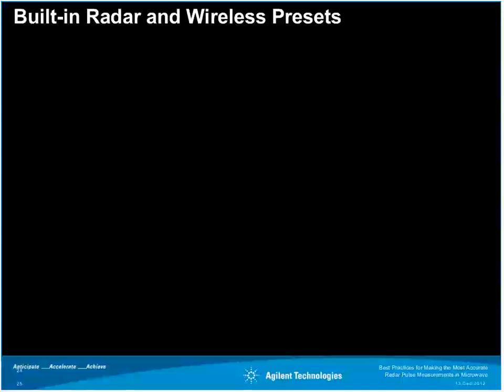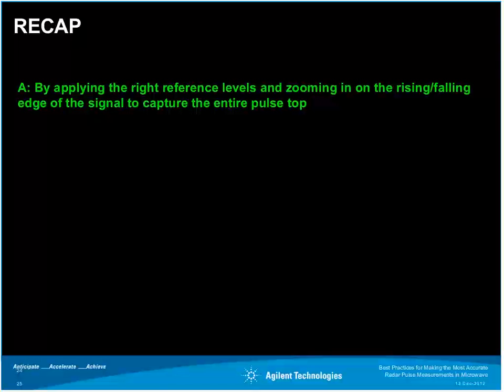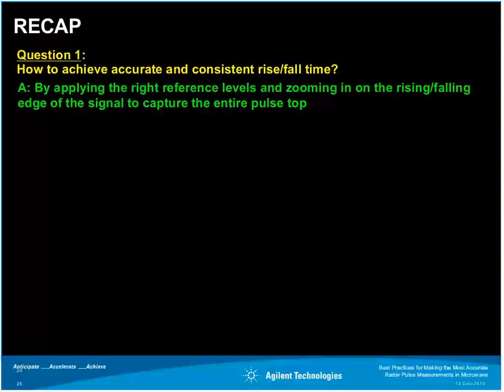Now, just to recap on the various topics that I've shared earlier on how to make accurate radar pulse measurements. First, you have learned that you can achieve accurate and consistent rise and fall time by applying the right reference levels and zooming in on the rising and falling edge of the signal to be captured to ensure that you have the entire pulse top captured.